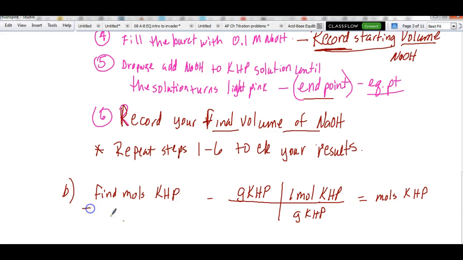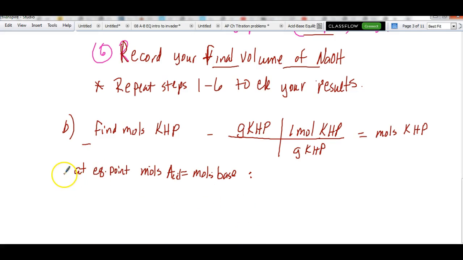Okay. Secondly, at the equivalence point, always put this in there somewhere. We'll write out the word equivalence point. Always write this in there. Moles of acid equal moles of base. Moles acid equals moles base. So now, what volume?